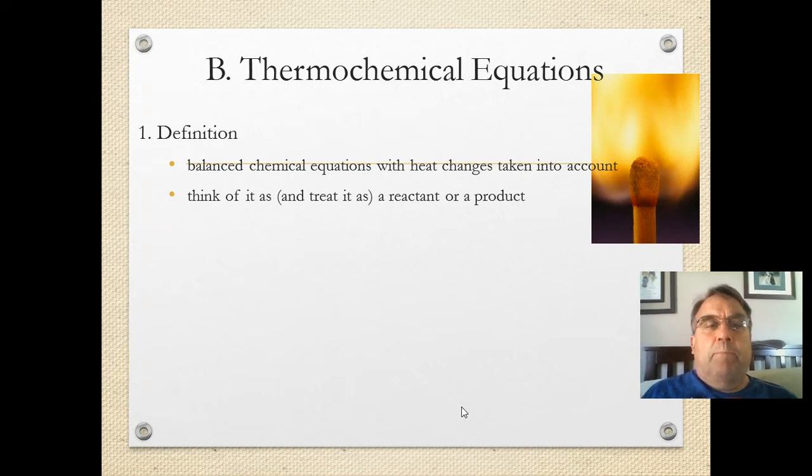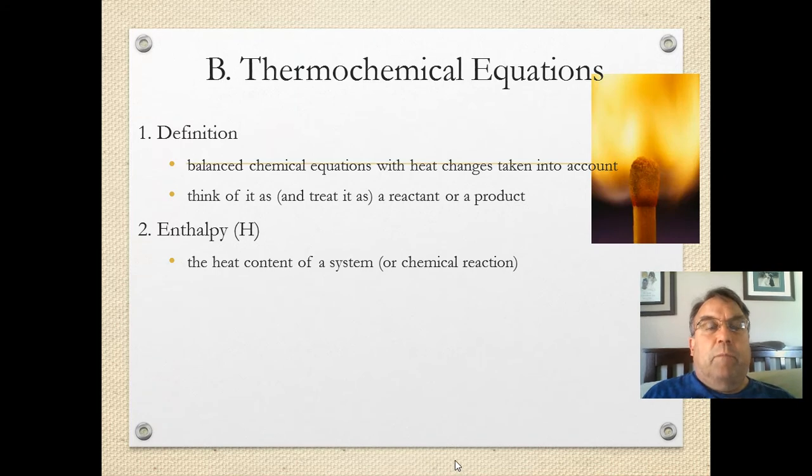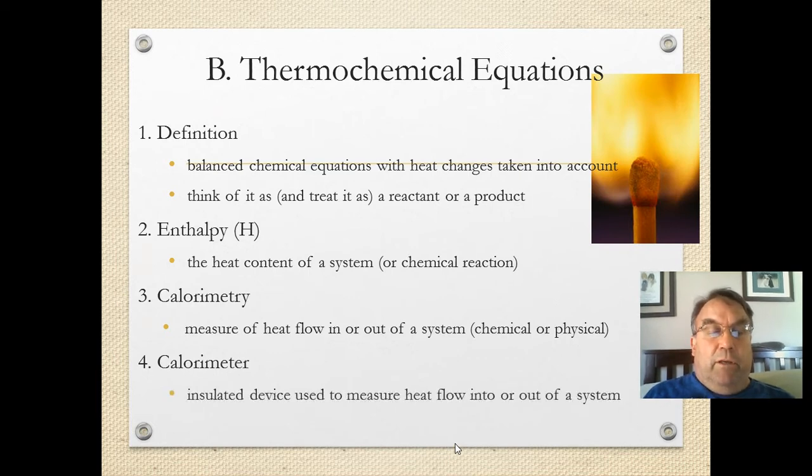Okay, so enthalpy is merely the fancy way of describing the heat content of a system, or the heat transfer that's taking place in a chemical system. Calorimetry is simply the study of the heat changes that take place in a chemical reaction or physical reaction. And a calorimeter is the object that we use to measure the heat flow in a system.